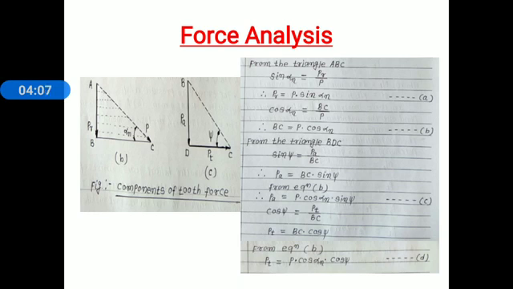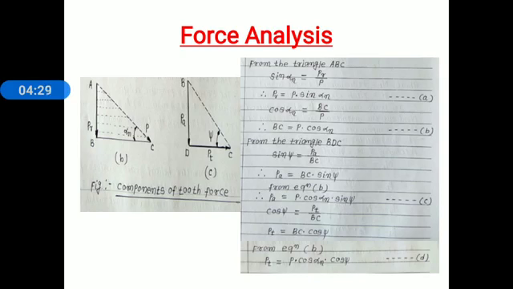Consider equation C. From figure C, we consider cos psi. Cos psi is equal to adjacent side to the hypotenuse. Adjacent side is tangential component PT and the hypotenuse is BC. Therefore, cos psi is equal to PT divided by BC.